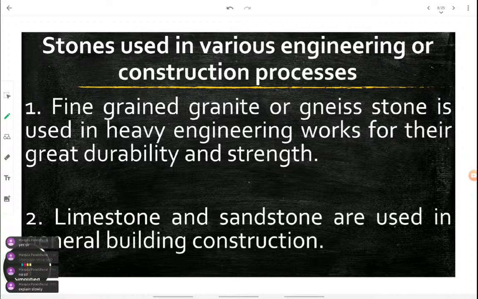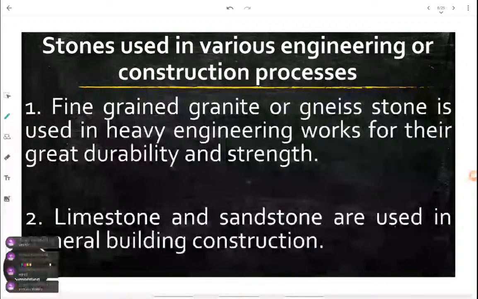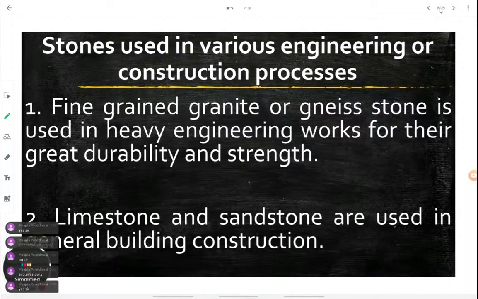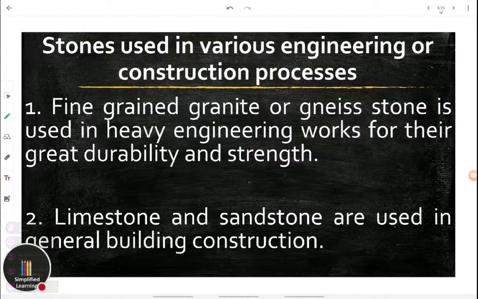Okay, good. See, when we are saying fine grain granite or gneiss, this stone is used in heavy engineering work for its great durability and strength. See, granite is an igneous rock, we just saw this, and its specific gravity and properties are suitable for heavy engineering work.